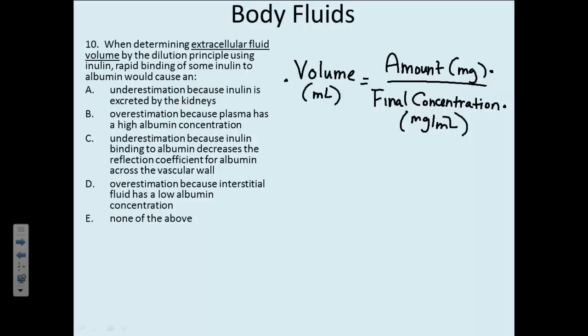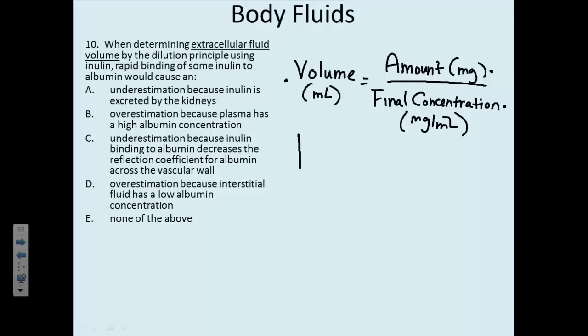So we have to know what the dye is that we're using, and where we would normally expect that dye to go. I think it helps to have a visual representation of where inulin would be going normally, and then we can talk about what would be the situation here.